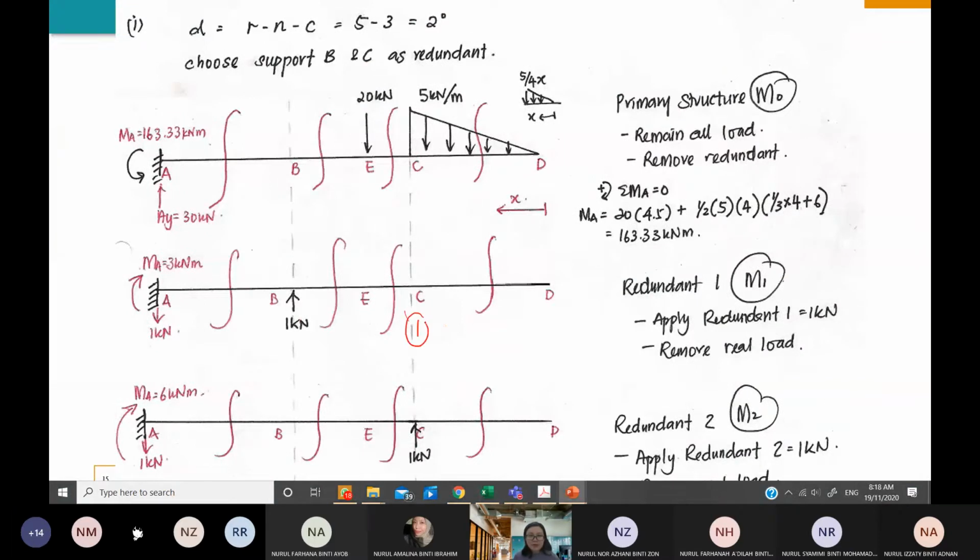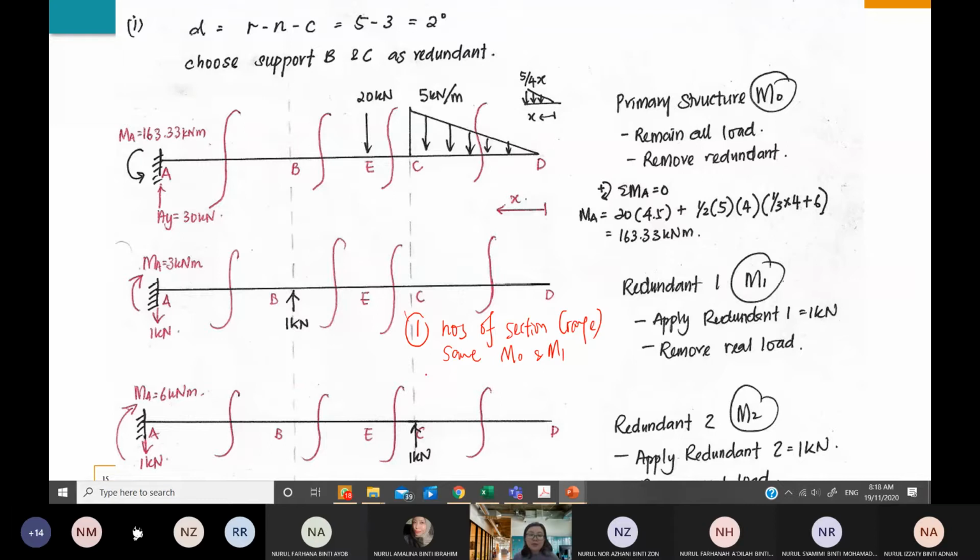So the first rule is make sure the number of sections and their range are the same for all these M0 and M1. So now you have 4 cut sections for M0. You will have 4 cut sections for M1 and M2, and they must have the same range.